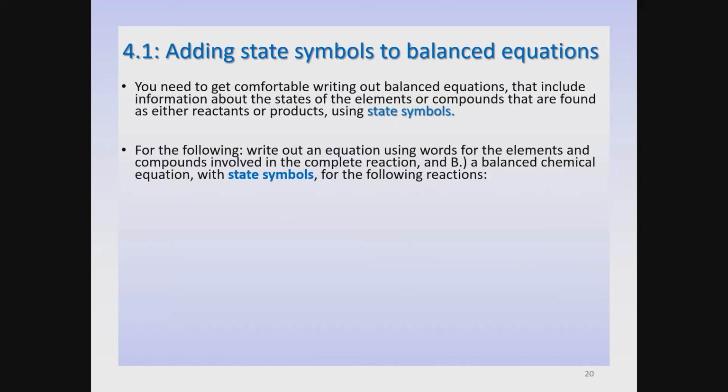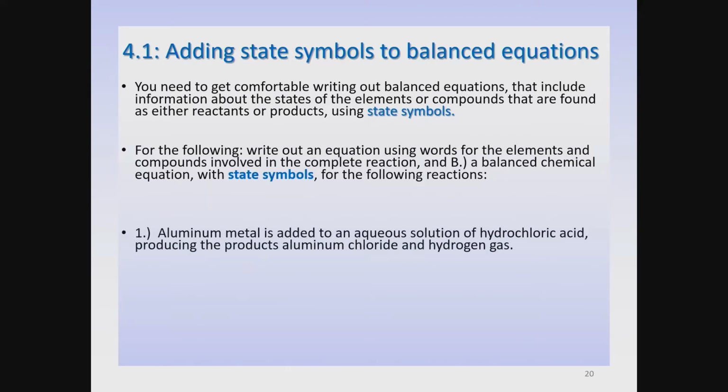What's going to be a little different this time is that before, we took a look at equations that have formulas and just balanced them such that the atoms for each element were balanced on either side of the equation. But now I want to start out with a word equation, convert that into a chemical equation, balance it, and then include state symbols. So let's go ahead and try the first one.